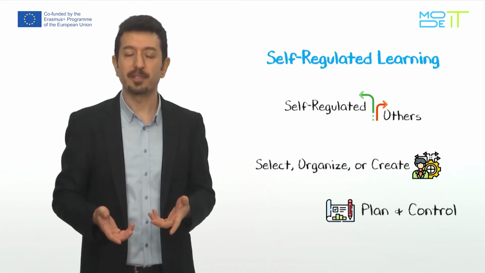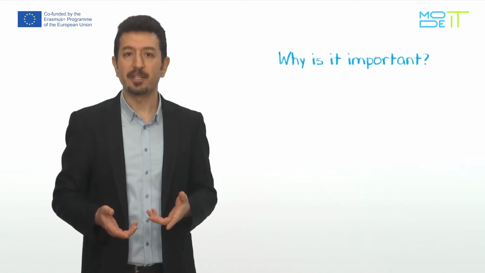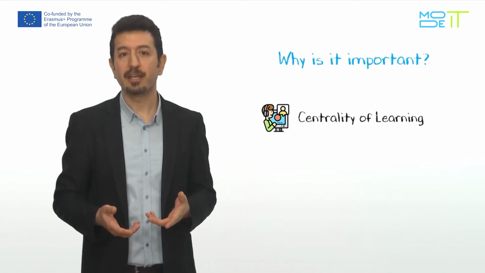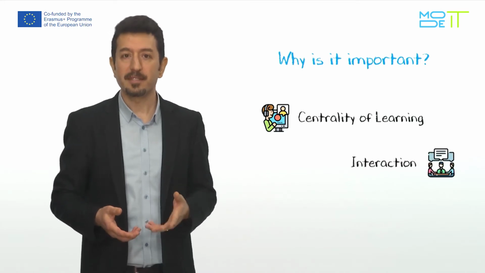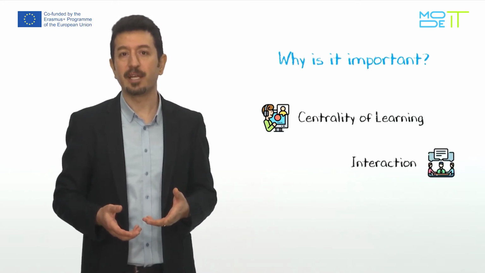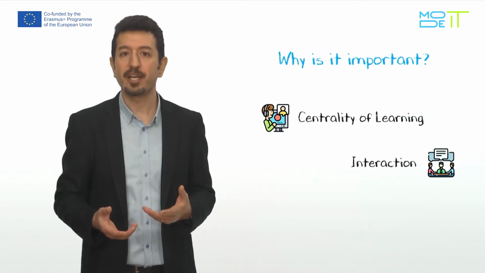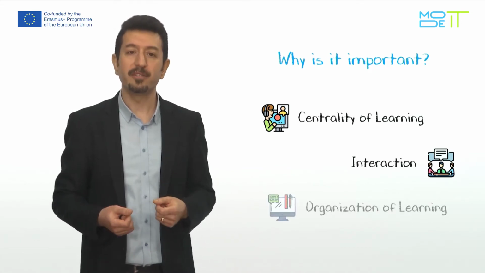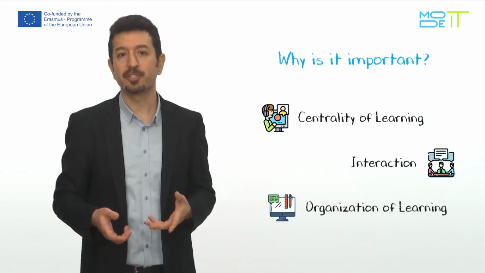Why is this important? Self-regulated learners will be able to create a learning environment that focuses on the centrality of learning. A self-regulated learning perspective on learning and achievement is distinctive and it has profound implications for the way course facilitators interact with learners and the manner in which learning is organized institutionally.